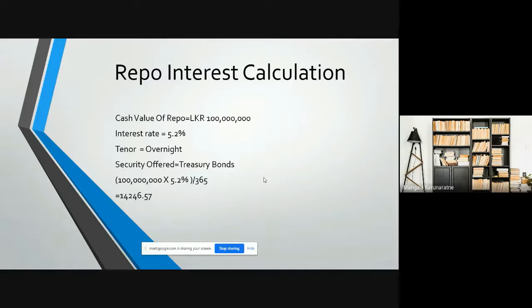So you borrow money, you get 100 million, and tomorrow you will be paying 100 million plus this 14,246.57.